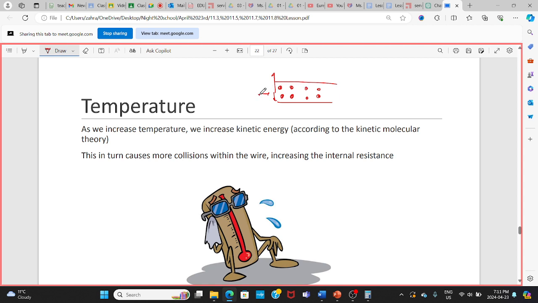The chance that the electron hits a molecule increases because they are moving very fast, and it's more probable that it hits one of those molecules, losing energy. When the electron loses energy, it's producing heat, meaning the resistance goes up. So this in turn causes more collisions within the wire, increasing the internal resistance.